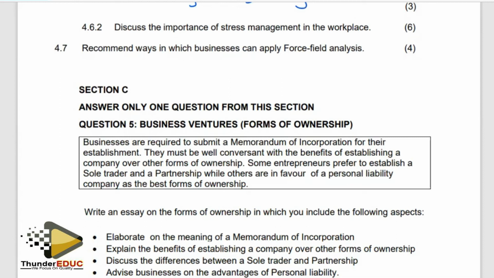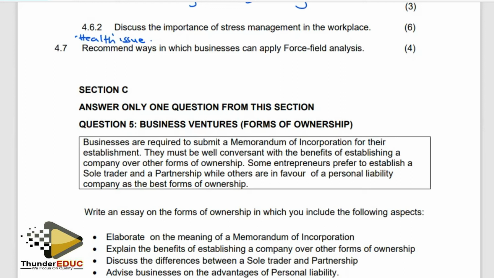It can cause health issues. The staff members may become sick because of stress.